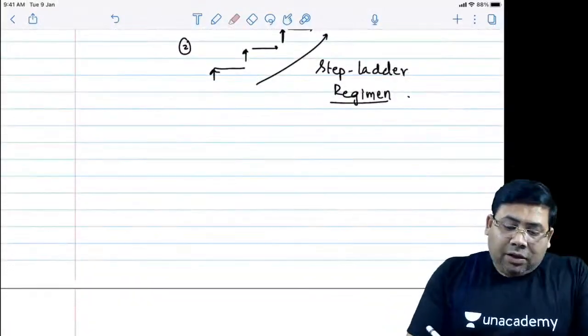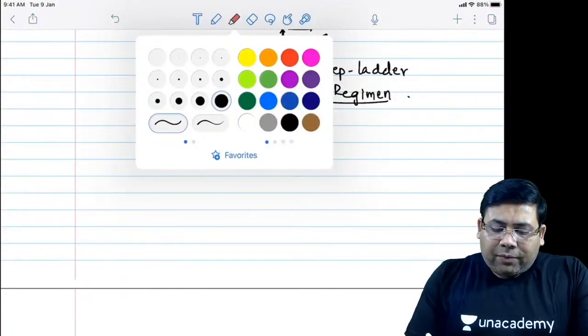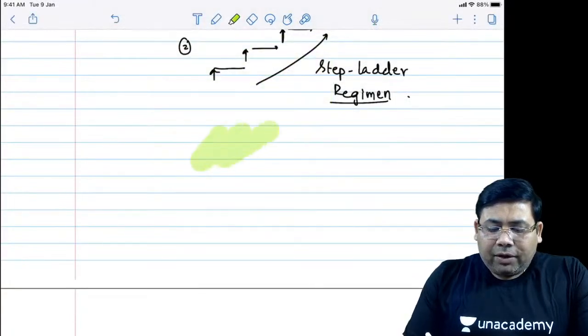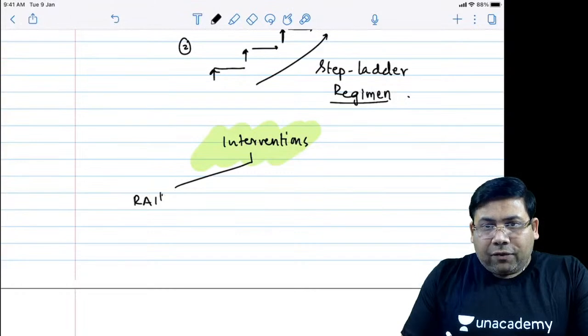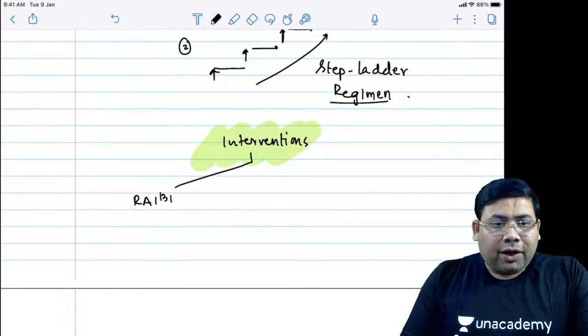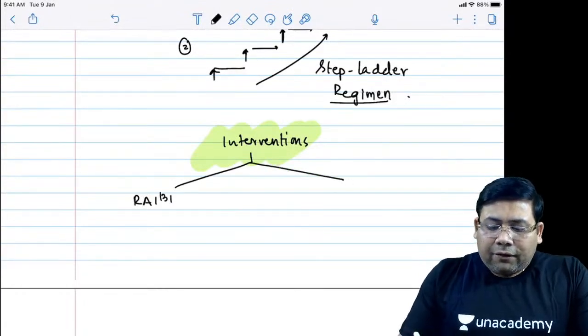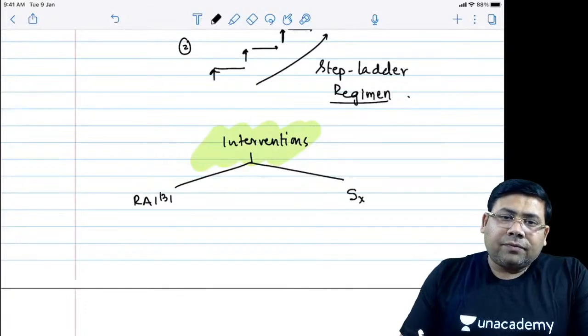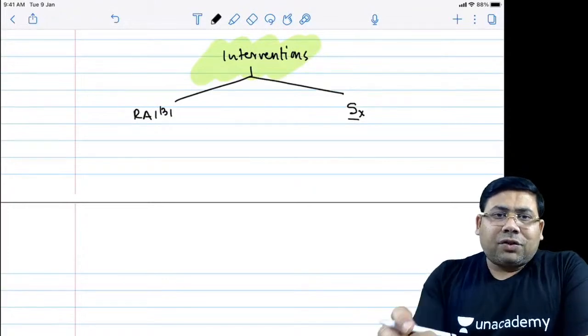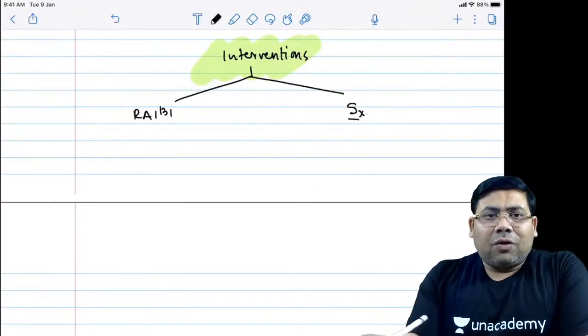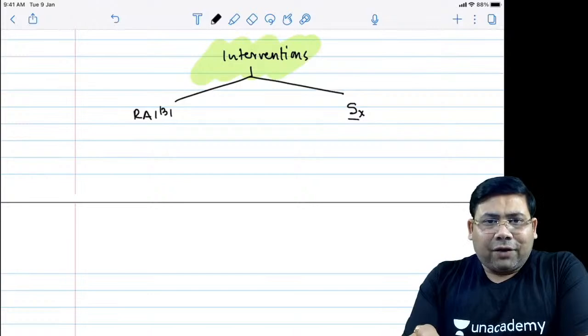Now when we are talking about the final treatment interventions, we have two standard interventions. What are they? Radioactive iodine 131, and surgery. But always remember, the indications of surgery become contraindications for radioactive iodine.